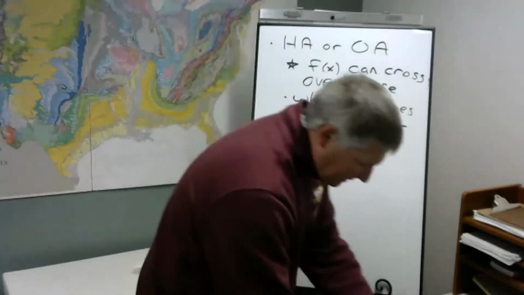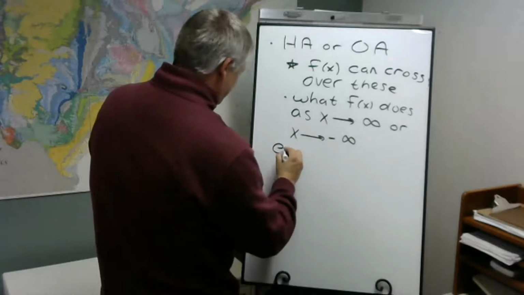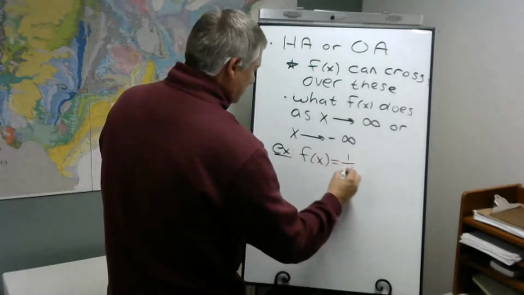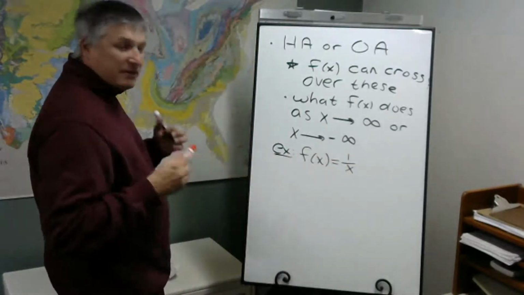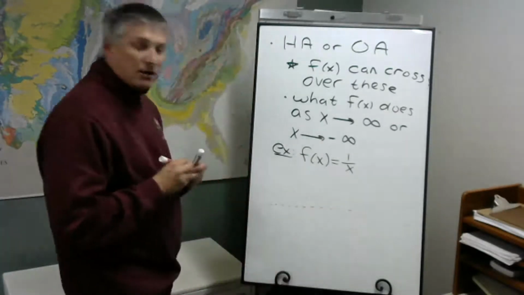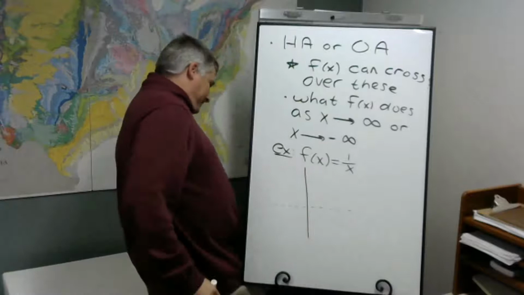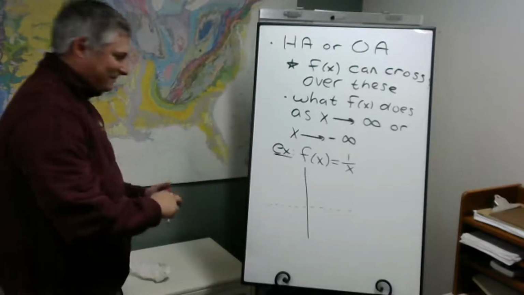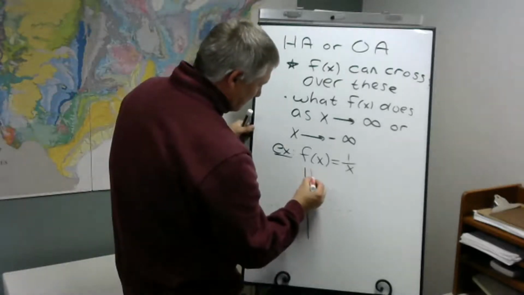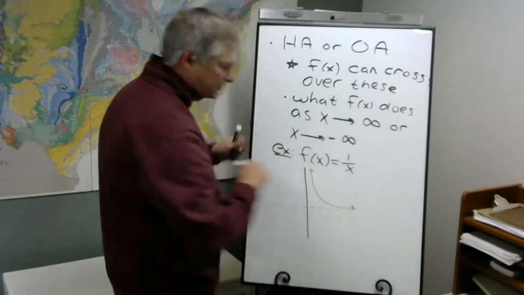And you've seen this kind of thing before. A good example, again, is f of x equals 1 over x. Now, in this case, it has a horizontal asymptote along the x-axis. And so what ends up happening is, as x gets bigger and bigger, the function gets closer and closer to that x-axis.